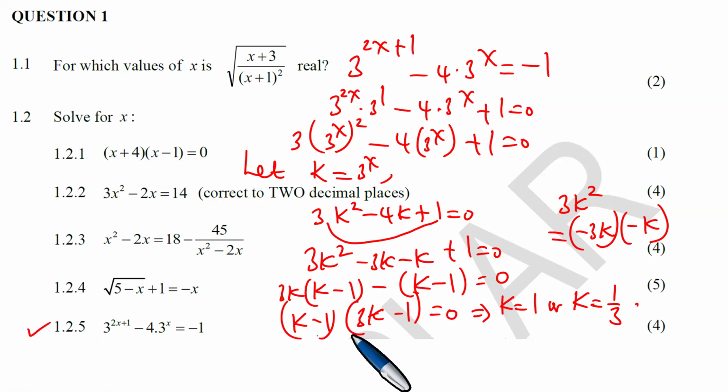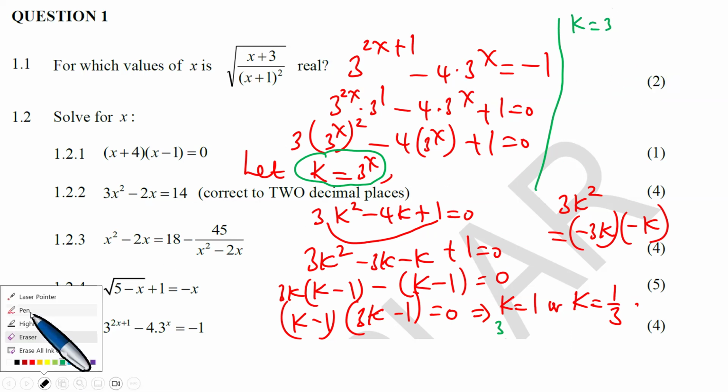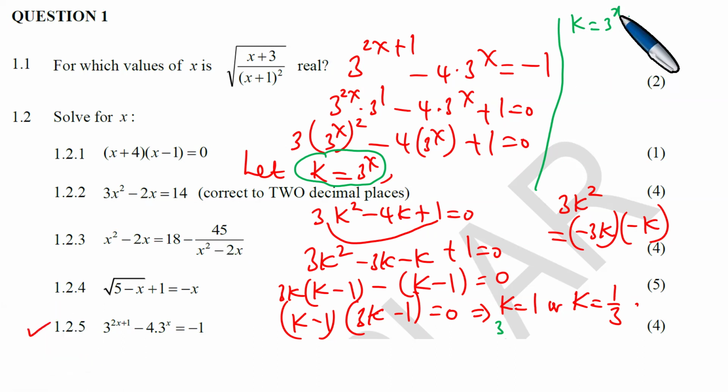So at this point, you have that k is 3 to the power x. If k equals 3 to the power x, we do the substitutions.